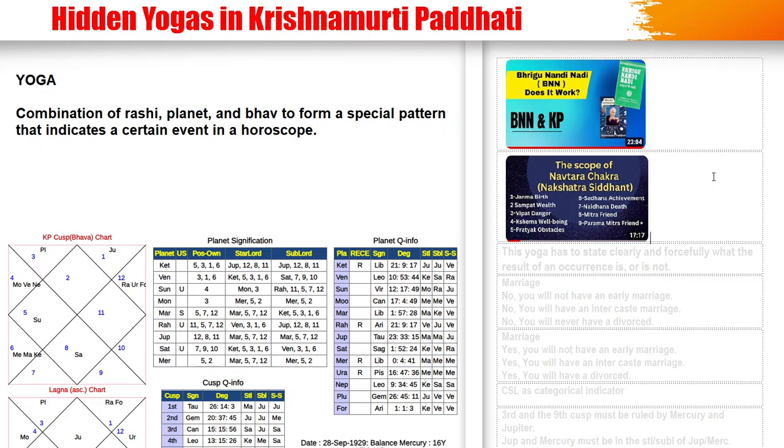The yogas or the rules mentioned in the Bhrigunandi Nadi, many rules look very fascinating, but they are independent of the horoscope. And for this reason, they actually don't seem to work. But if you watch these two videos, you will have a fairly good idea why the so-called yogas mentioned in the Bhrigunandi Nadi or the Navtara Chakra, or even other similar kinds of Paddhati, will not work within the Krishnamurti Paddhati.